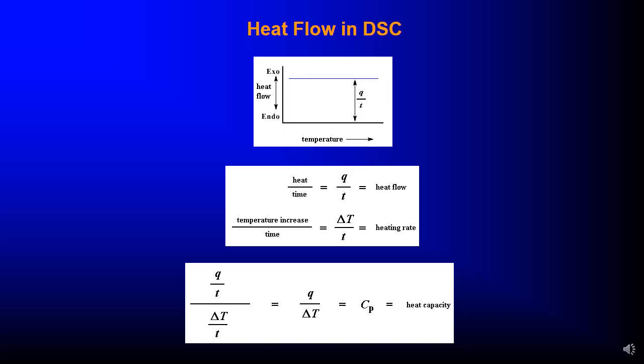So heat divided by time is what we call heat flow. Temperature increase divided by time gives us what we call heating rate.